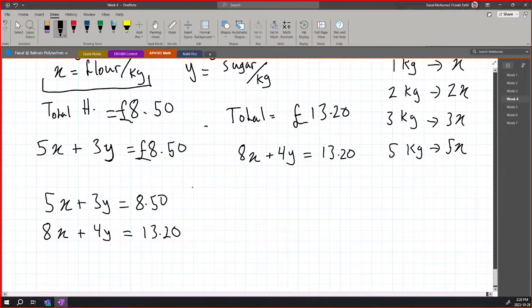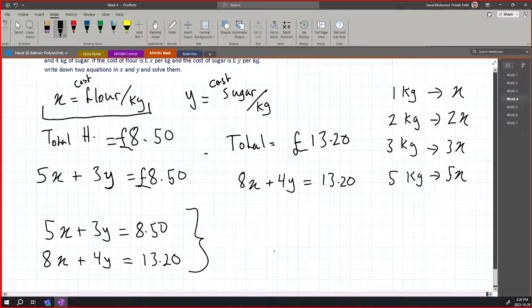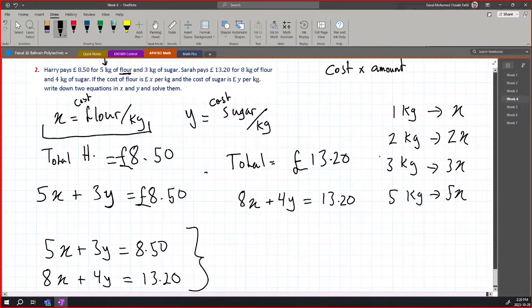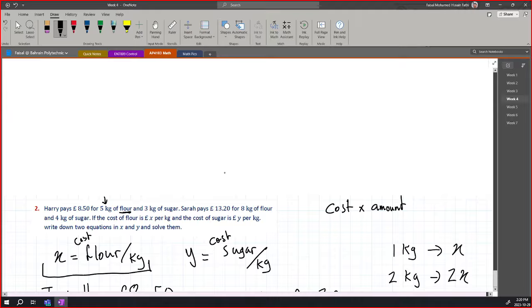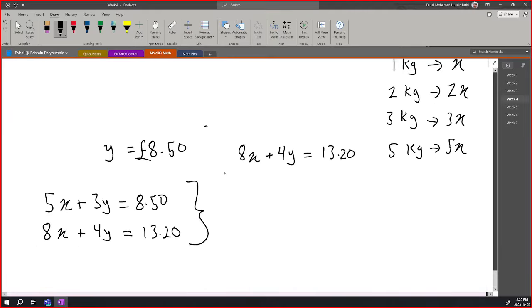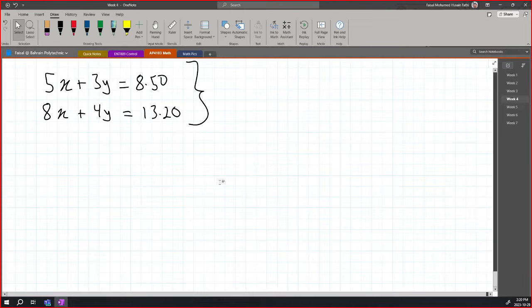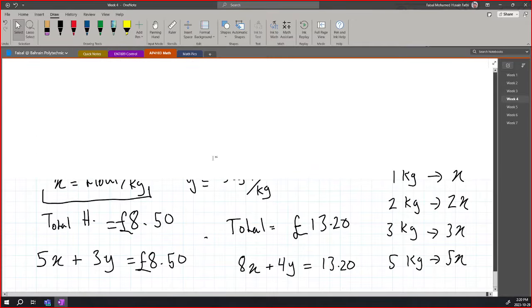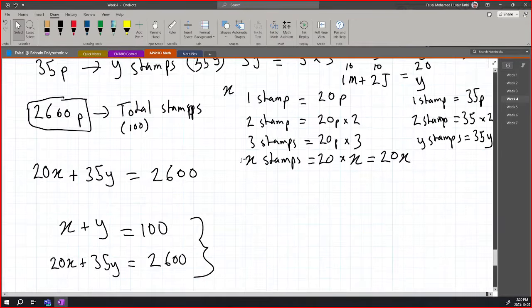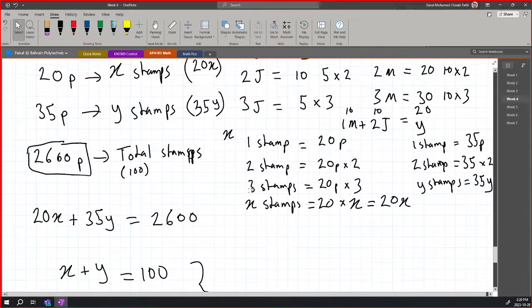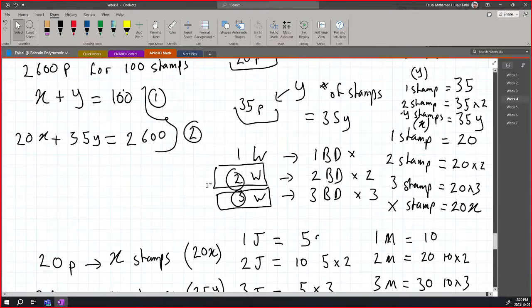After this it's a simultaneous equation and then we will solve it. Does the logic make sense? Is the question clear, is the solution clear? Does anyone have any questions? Okay, excellent. Very simple, very straightforward.